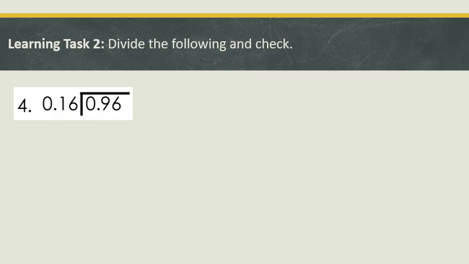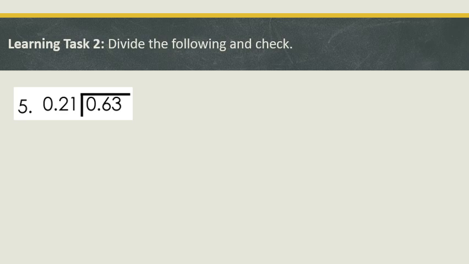Number 4. Pareho pa din. 1, 2. Sa dividend, 1, 2. Magiging 96 divided by 16. Ilan po? 6. 96 divided by 16 is 6. 6 times 16 is 96. 96 minus 96 is 0. So, ang answer natin dito is 6.